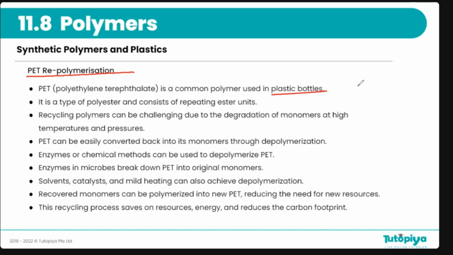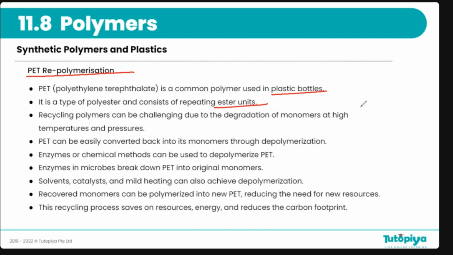If you have seen most plastic bottles we use, they have the recycle symbol. If you dispose plastic bottles correctly, they can be repolymerized. Now, PET is a type of polyester that consists of repeating ester units.